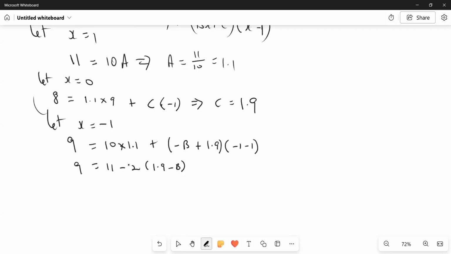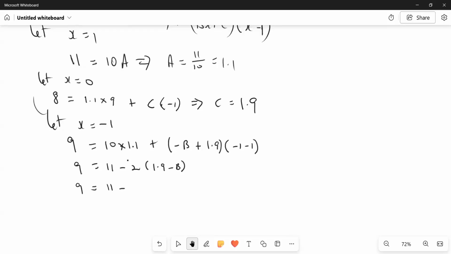Good. And all of this, I hope we get a right value. So we got what? 9 equals 11 minus 2 by 1.9 is giving me what? Anybody working with me?